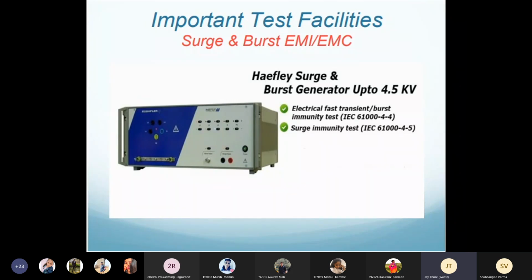As you can see, there is this standard IEC 61000-4-4 and IEC 61000-4-5. These are two different standards for EMI and EMC testing. So the machine is used to get the testing done and the evaluation of the PCB assembly done.